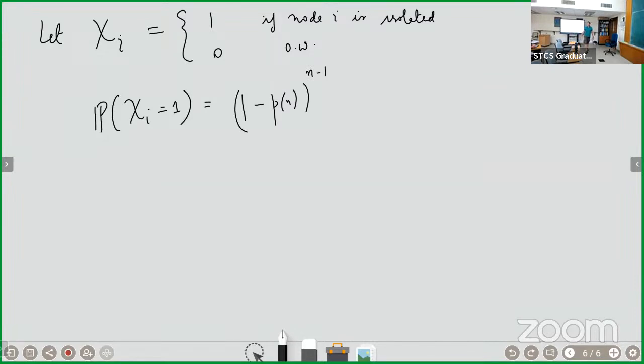All possibilities turned out to be, let's say, tails. If you think of heads and tails. Can you approximate this with an exponential? What's a good exponential to approximate this? e to the minus (n minus 1) times p.